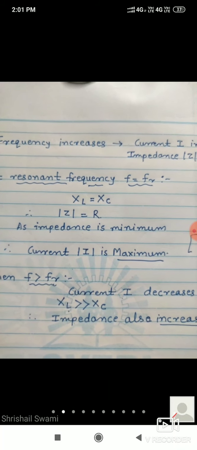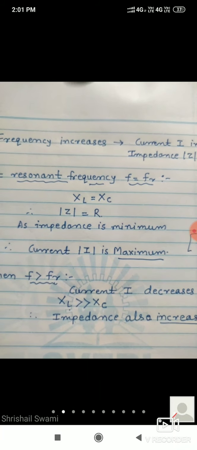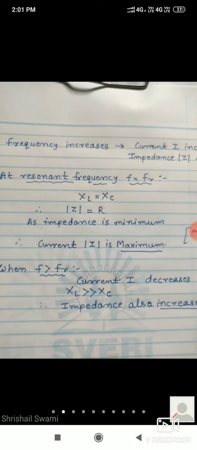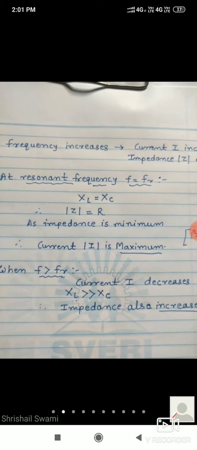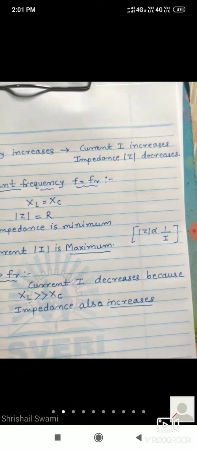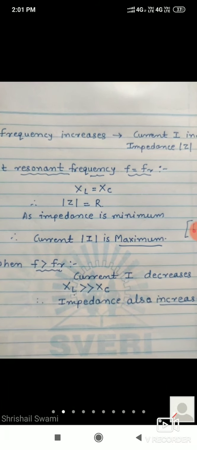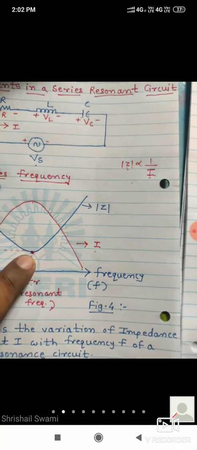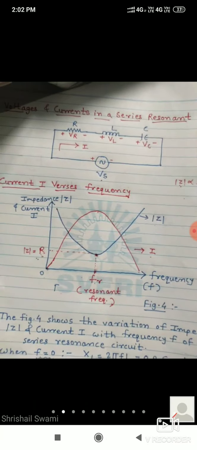If you put XL equal to XC, you will get Z equal to R. So the impedance is minimum, that is nothing but R. If impedance is minimum, according to this relation, current will be maximum. So current I is maximum. It is also shown in the graph: if impedance is minimum, current is at its maximum value.